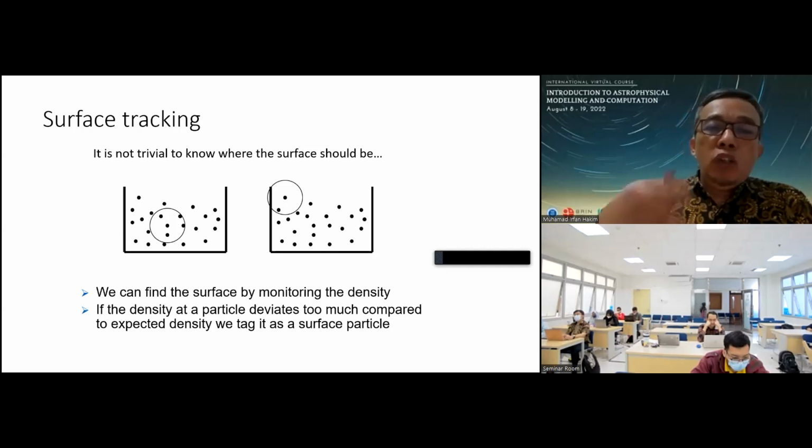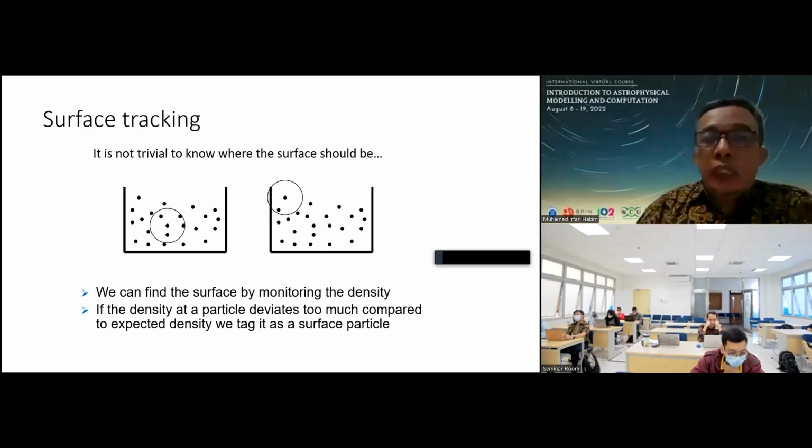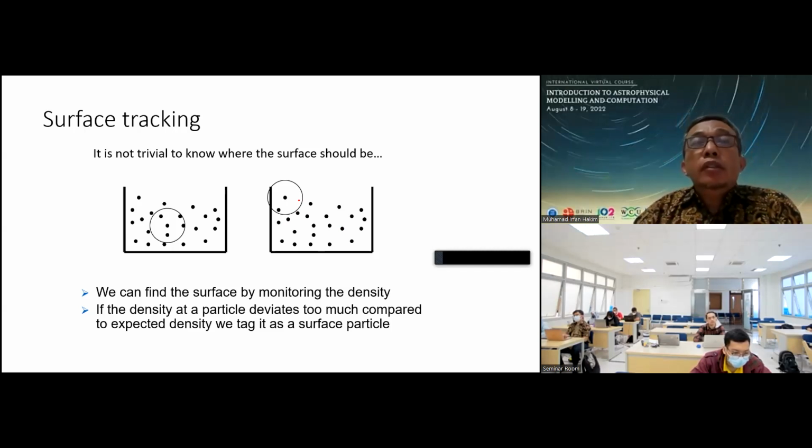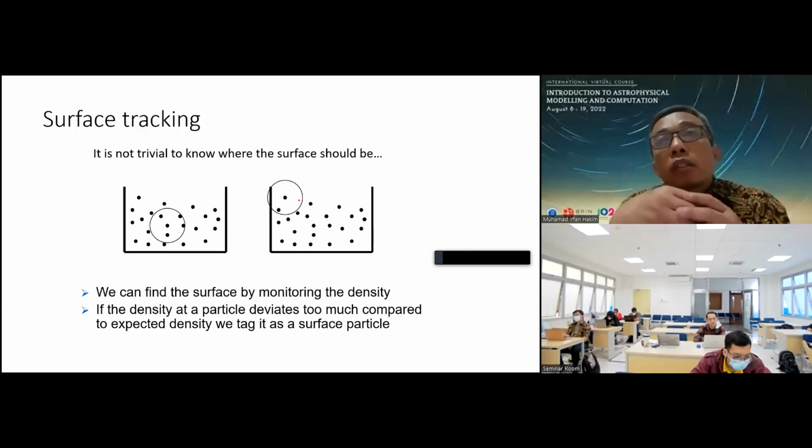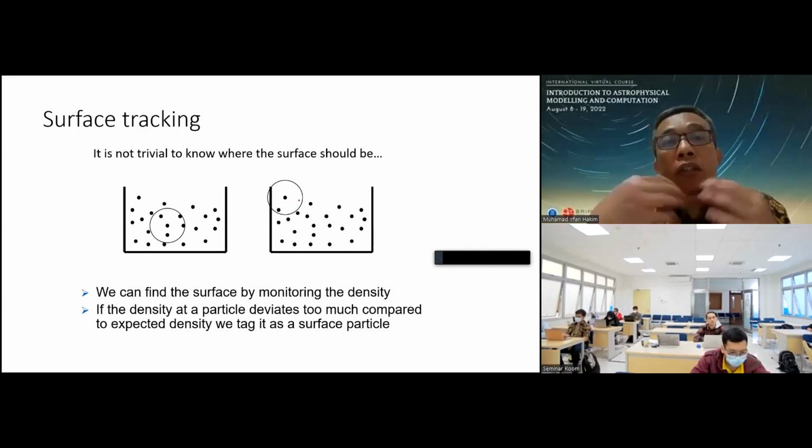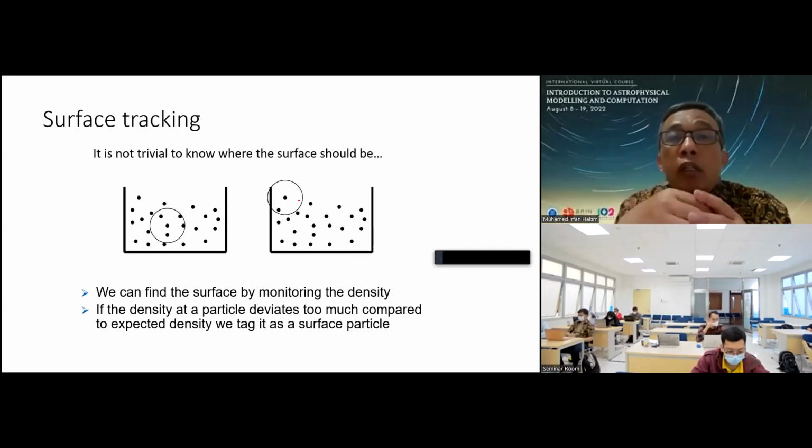By inspecting or by monitoring the deviation of density compared with, for example, inner particle here, we could be sure that this is near the surface of the particle, the space, the domain that define this astrophysical or physical problems.